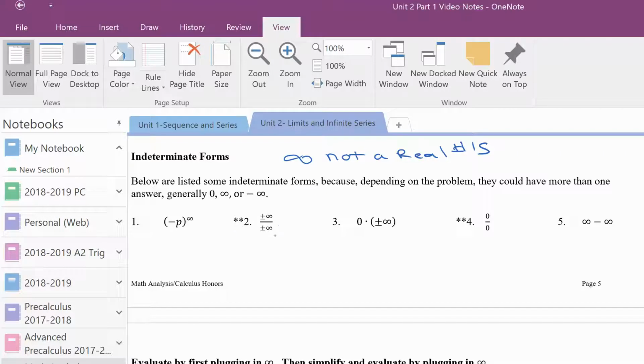Plus or minus infinity over plus or minus infinity is also indeterminate. This is what it's called, indeterminate. 0 times plus or minus infinity, that is also indeterminate.